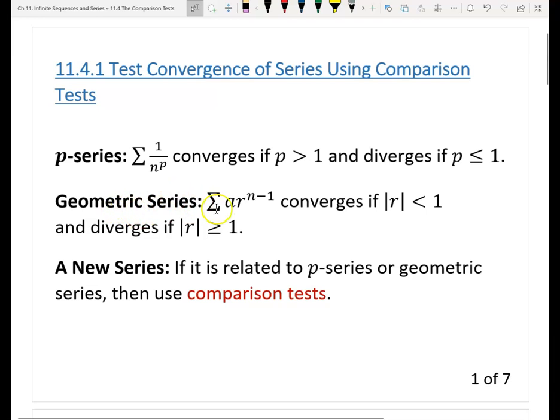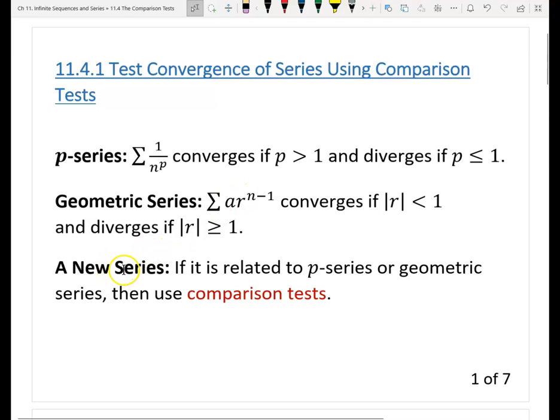And for the geometric series, we have this term, and it converges only if the absolute value of the common ratio is less than 1, which means r is between -1 and 1. Otherwise, it diverges. So these are the results for the 2 types of series we learned before.